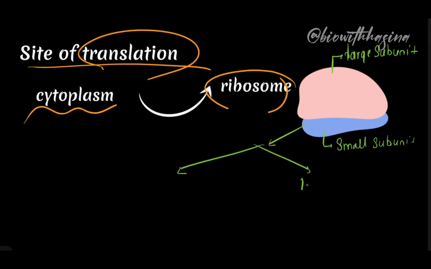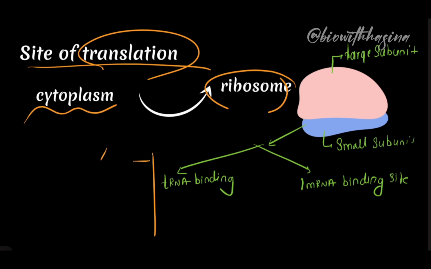One is the mRNA binding site, where your mRNA is going to get bound, and the other one is the site for tRNA binding. For tRNA we have 3 different sites. First one is your A site, second one is your P site, third one is your E site.